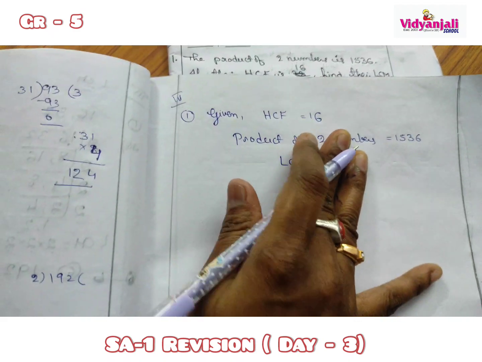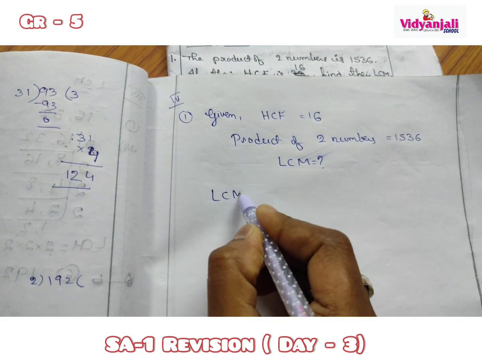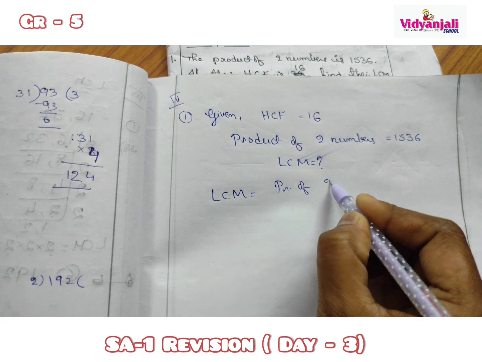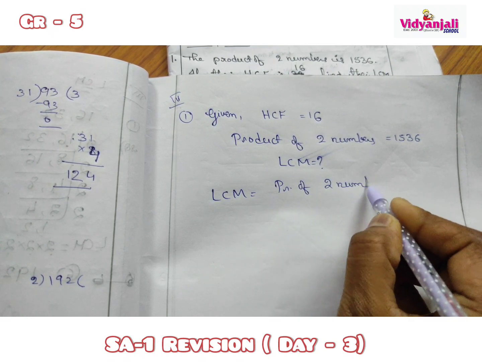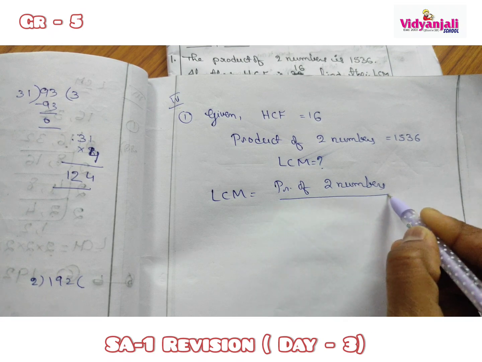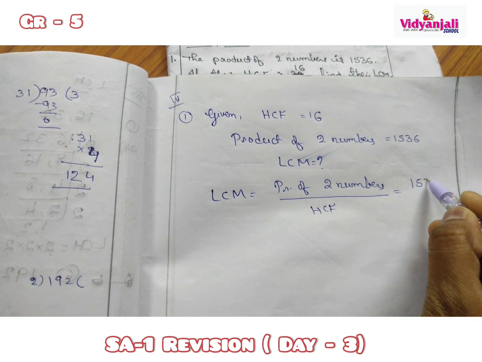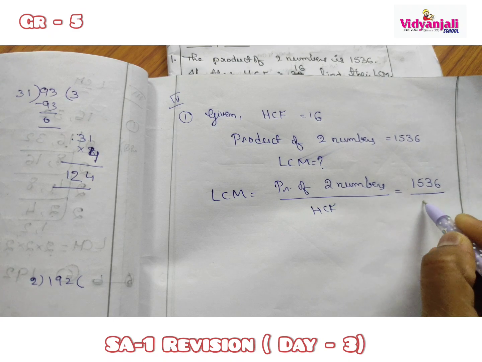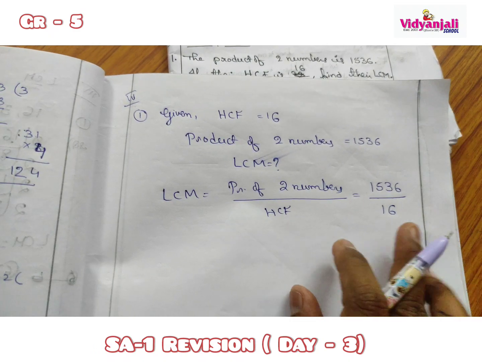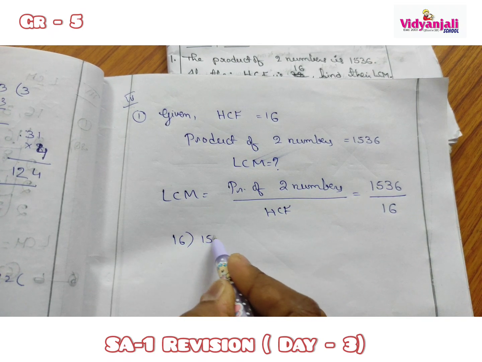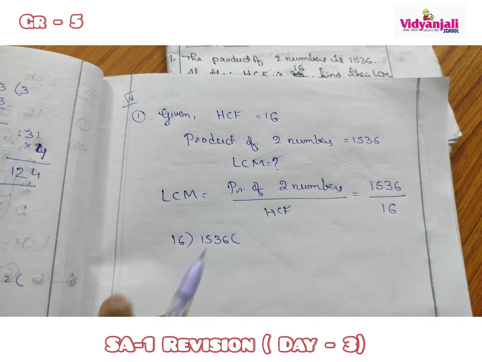We have a formula, right? How to find the LCM? LCM equals product of two numbers by HCF. So product of two numbers is 1536 by 16. So you have to do the division for both the numbers, then we will get the required answer, which is the LCM.